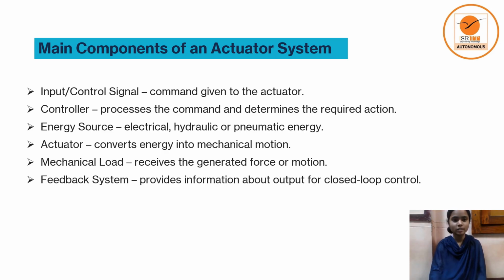The actuator's function is mainly to convert energy into mechanical motion. The mechanical load receives the generated force and motion. The feedback system provides information about the output through the closed loop of the system.